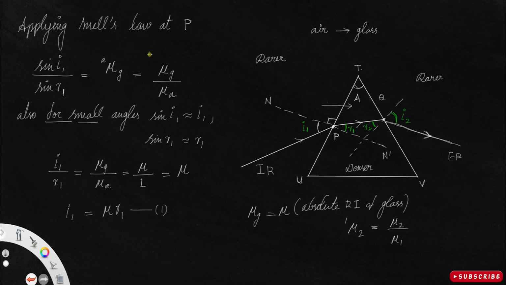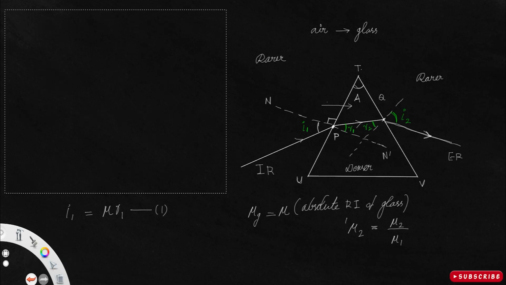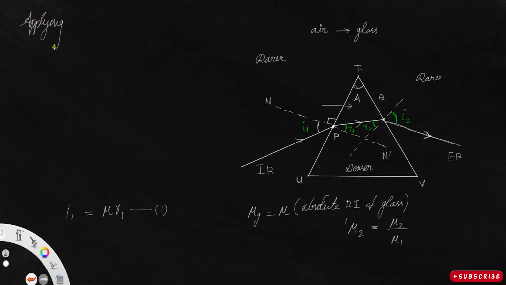Now let us apply Snell's law at point Q, or at the second surface. This time the angle of incidence is R2, so I have to write sine of angle of incidence, sine R2, by sine of angle of refraction. Here it is the angle of emergence also, I2.